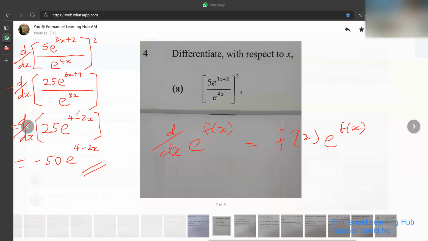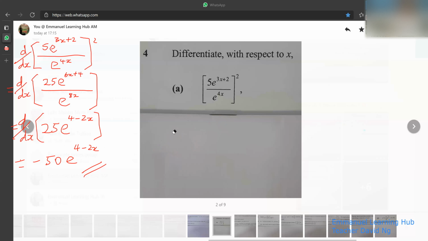So the differential of f(x) is minus 2. Minus 2 I bring down, times 25 is minus 50. Then e to the power of f(x) stays the same. That's the formula for differentiation of an exponential function. Any question? No.